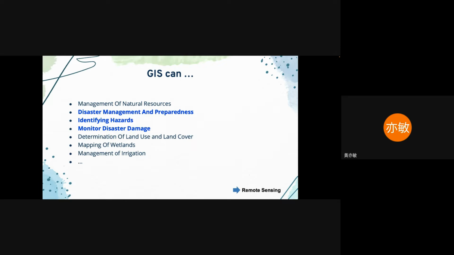So you can create a 3D map or even just a 2D map. It will be clear and easy to read for anyone who is interested in disaster management and protection. So this is very useful. I think it is the basis and the important role of the GIS in our disaster management.